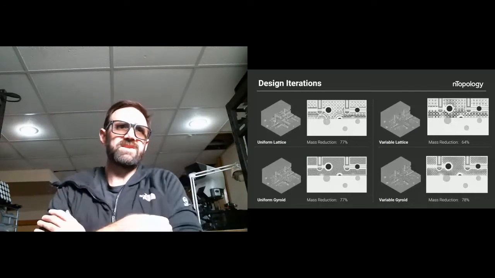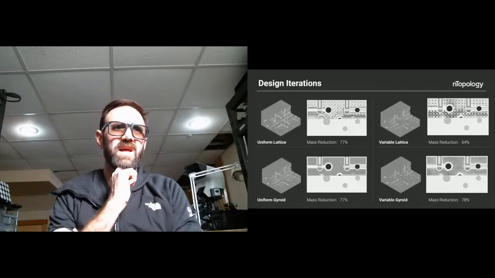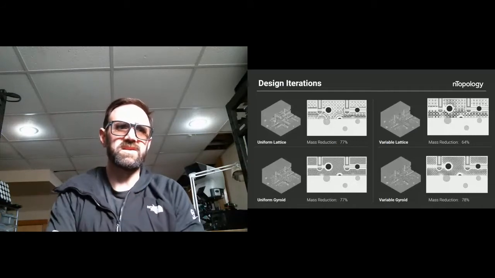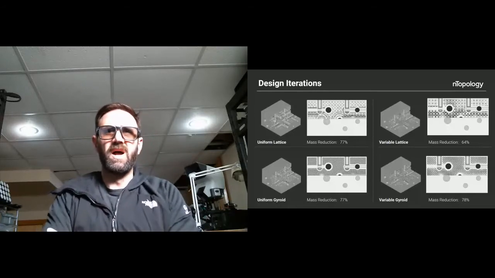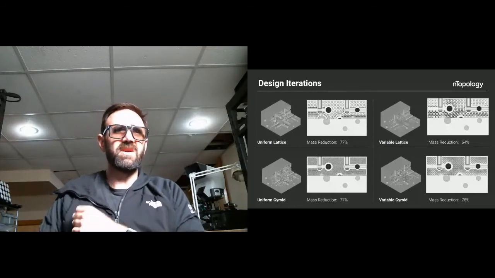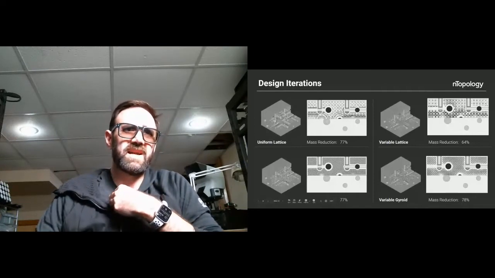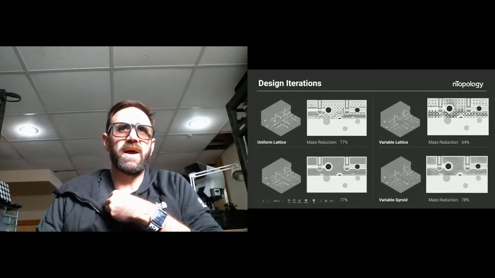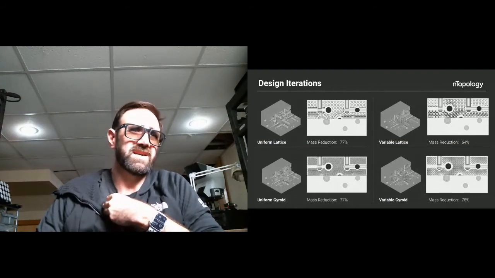There are many latticing tools available today, but we're a class leader in that we allow you to not just use a uniform lattice, but to tailor that lattice or periodic structure for what you need. In this scenario, we did a relatively not very dense lattice, and we shelled the actual part inside, and we preserved all of the hydraulic passageways.